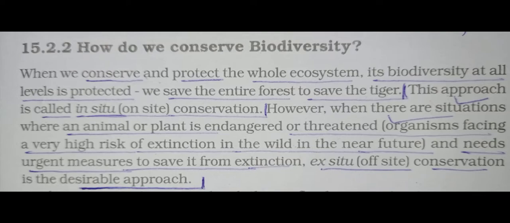However, when an animal or plant is endangered or threatened, meaning the organism faces a very high risk of extinction in the wild in the near future and needs urgent measures to save it from extinction, ex situ, off-site conservation is the desirable approach for these conditions.